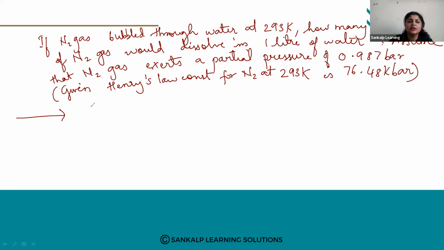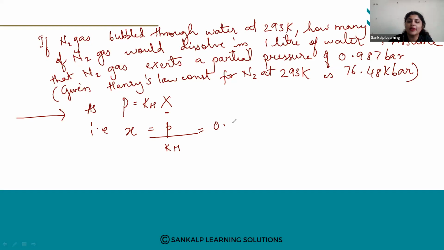Now, as per Henry's law, P is equal to KH into mole fraction X. What we want to find is the mole fraction. So X is equal to pressure divided by KH.